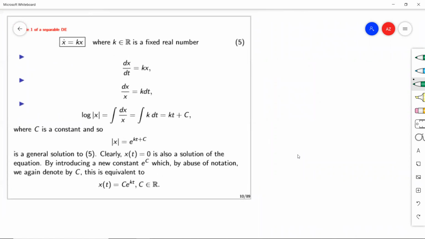So we have this form of the DE, and then separation of variables and integration gives us a solution which is an exponential function.